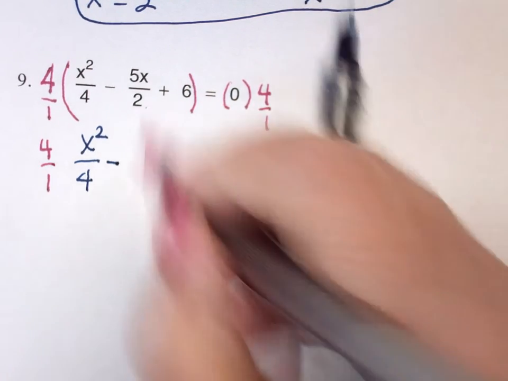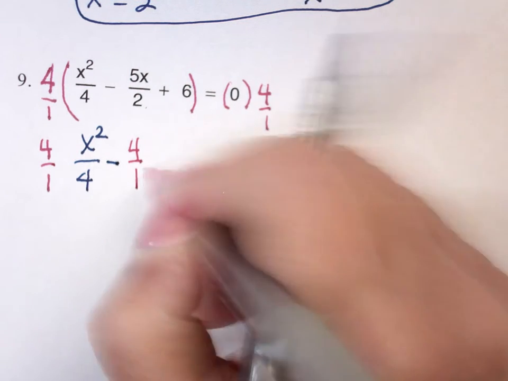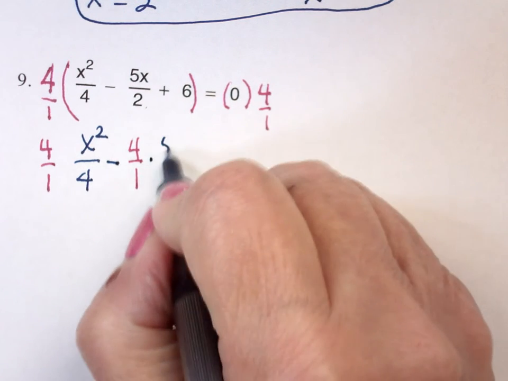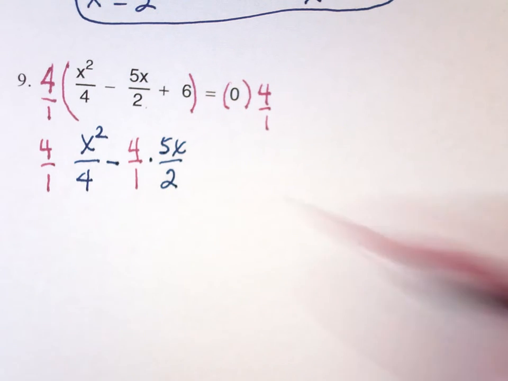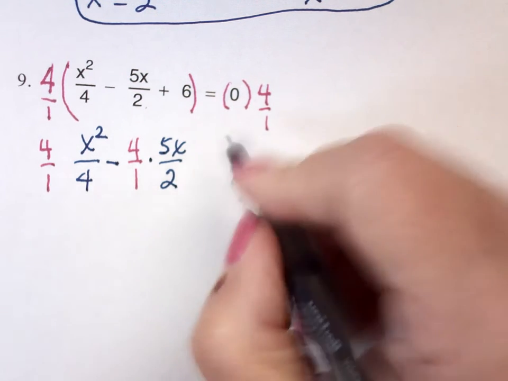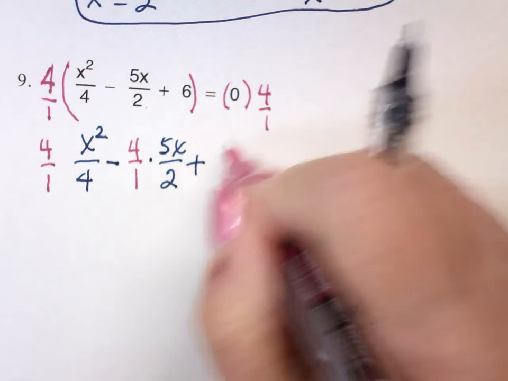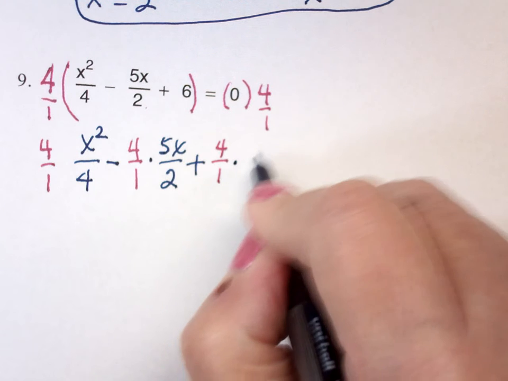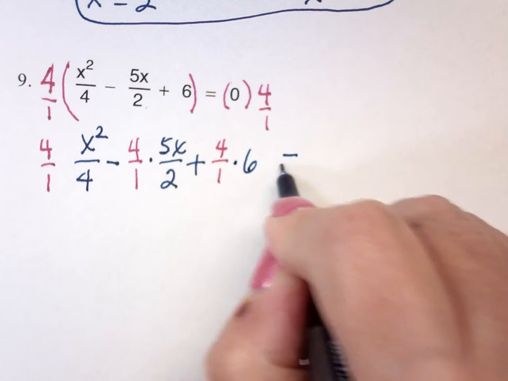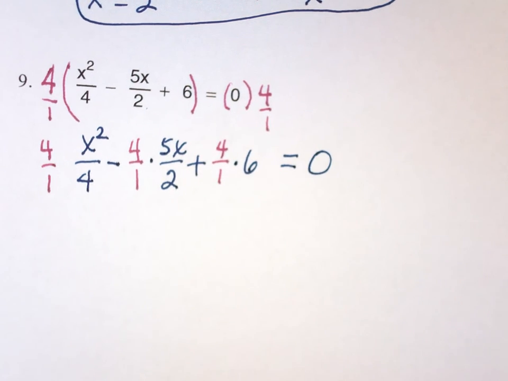Minus 4 over 1 times, that's why these 2 chapters are so difficult, plus 4 over 1 times 6 equals 4 over 1 times 0 is 0.